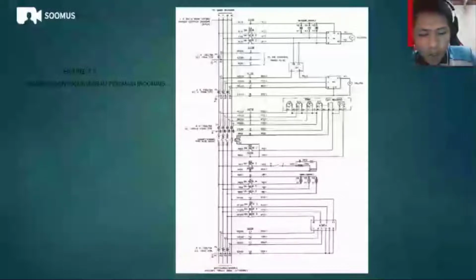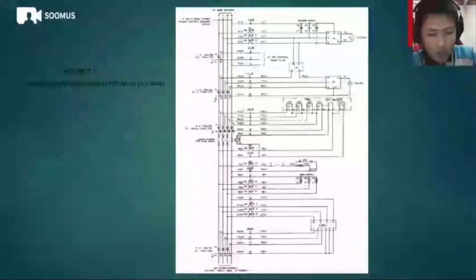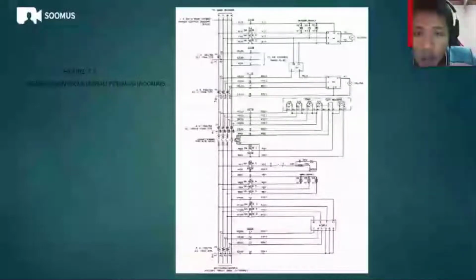So here, we have the MCB, which is the miniature circuit breaker, that automatically turns off during an abnormal condition in the electrical network. That is for the protection. So this is our MCB.